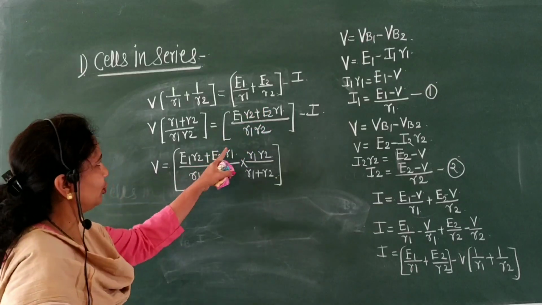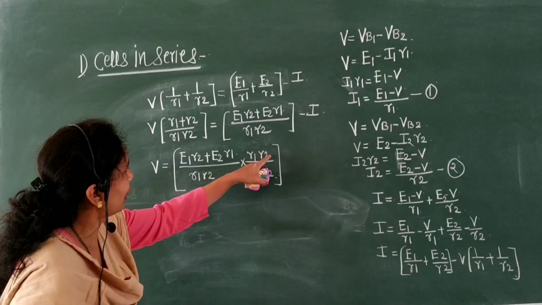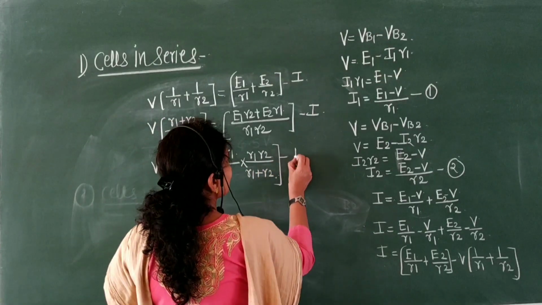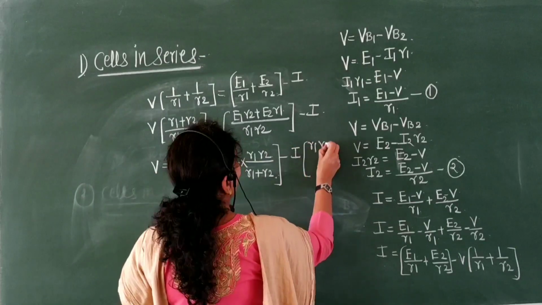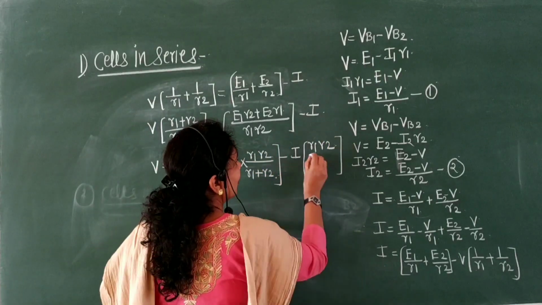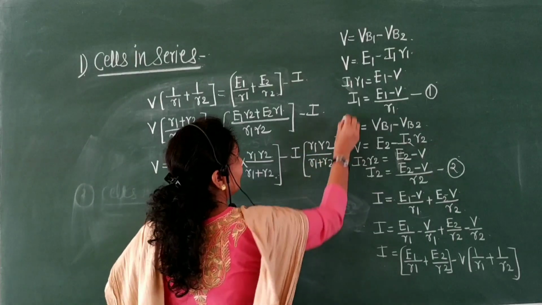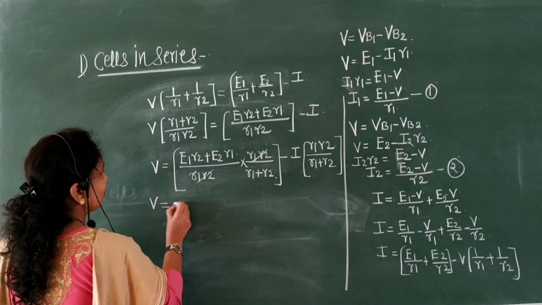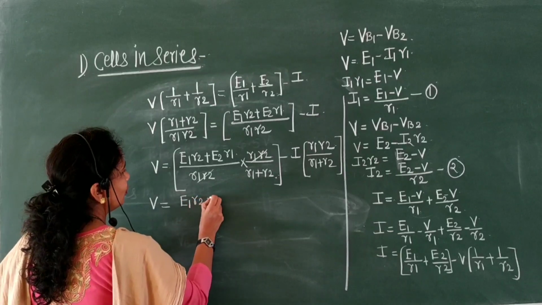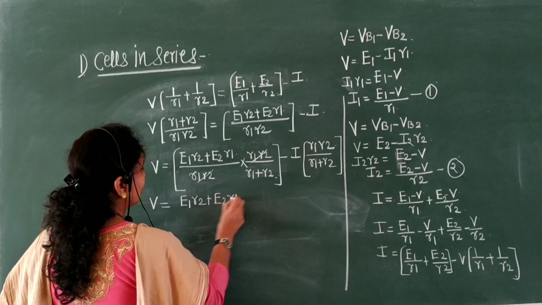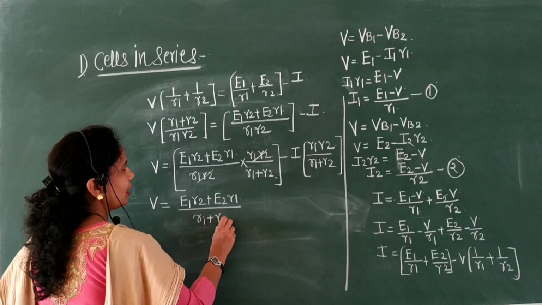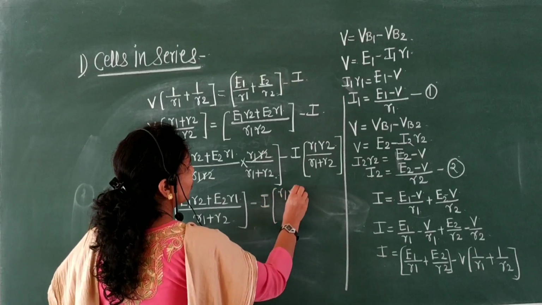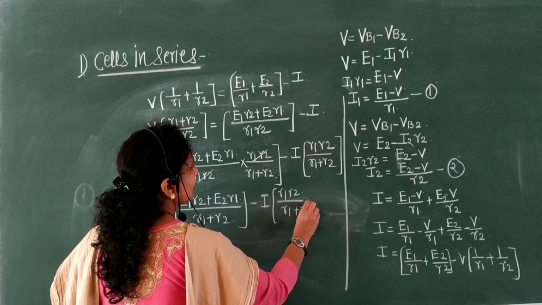E1 R2 plus E2 R1 upon R1 R2 into R1 R2, upon R1 plus R2, minus I into R1 R2 upon R1 plus R2. Okay, therefore this gets cancelled. V is equal to E1 R2 plus E2 R1 upon R1 plus R2 minus I R1 R2 upon R1 plus R2.